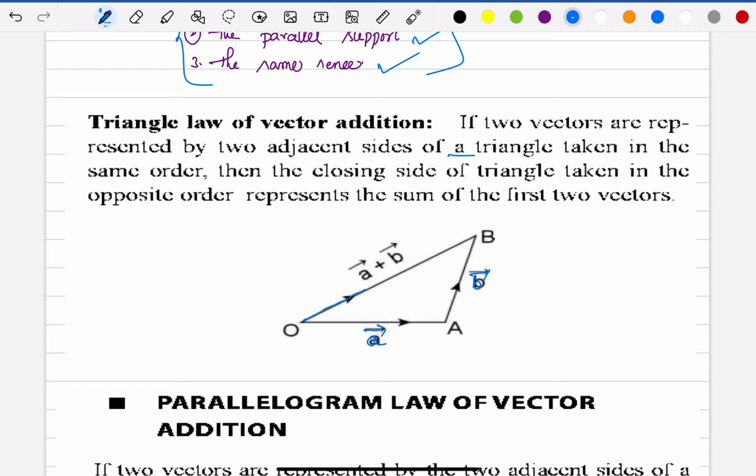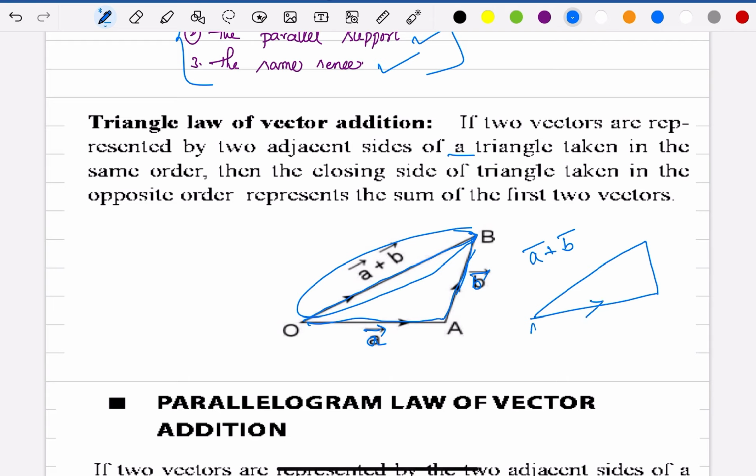So this closing side is equal to the sum of the two adjacent sides, A vector plus B vector. If you draw any triangle, this is A, this is B, and this is C. Now here the closing side is AC.